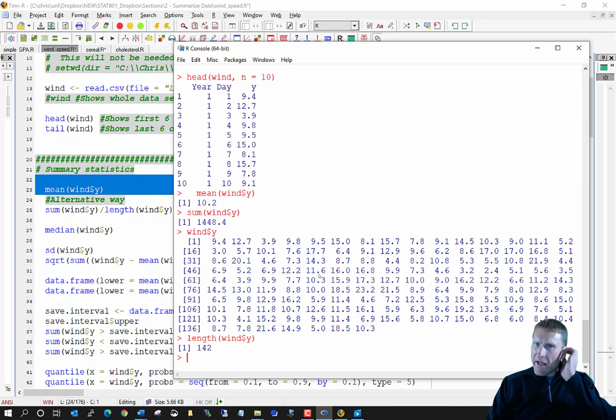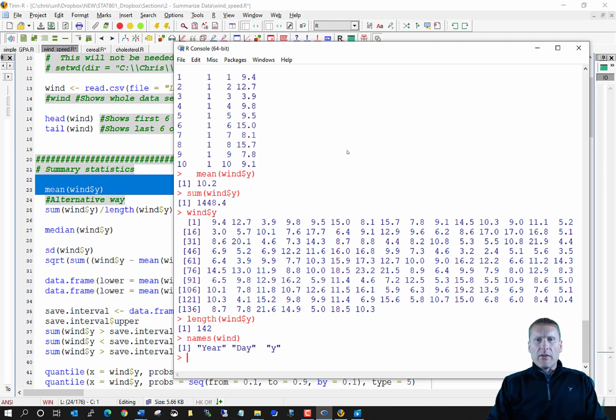And I just want to go back and mention one thing too, since we're new with using R here. Again, wind is a data frame, and if I use the names function with wind, we see that we have 3 components to this data frame: year, day, and y. Y is this wind speed.